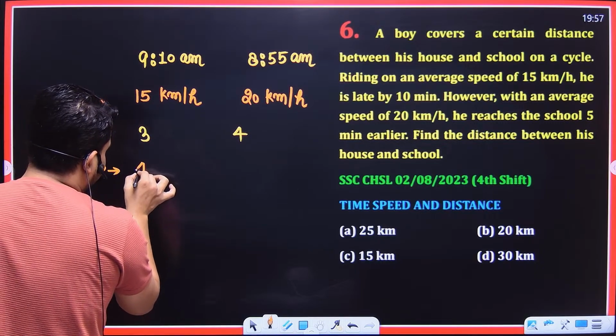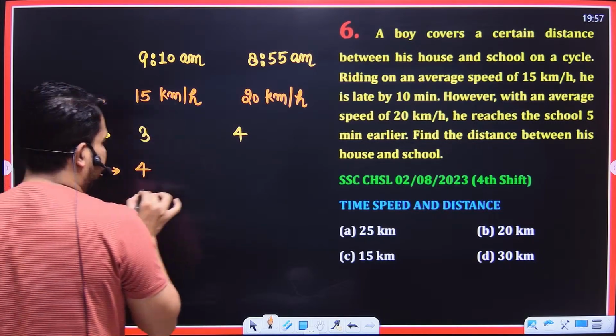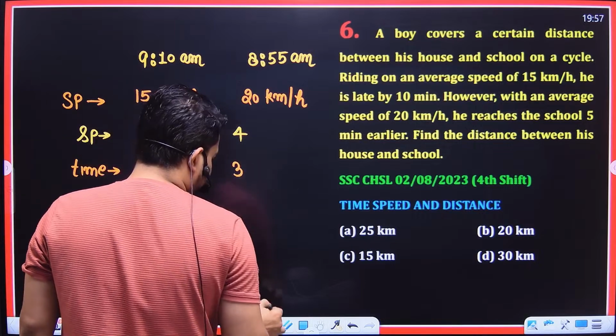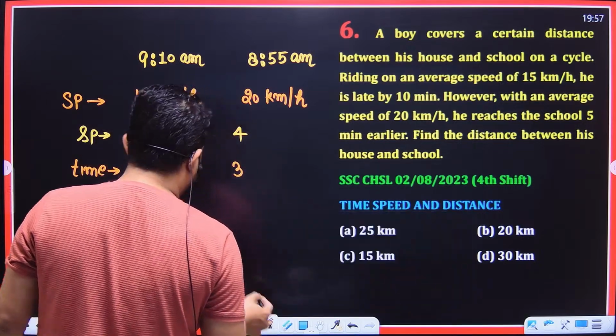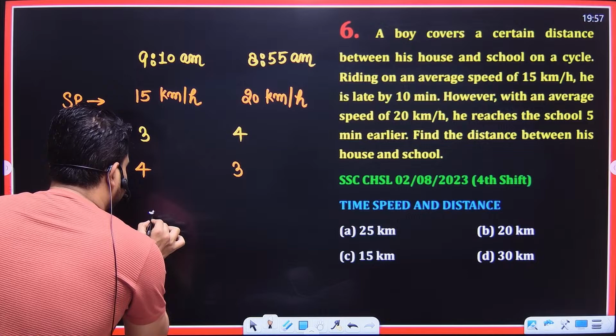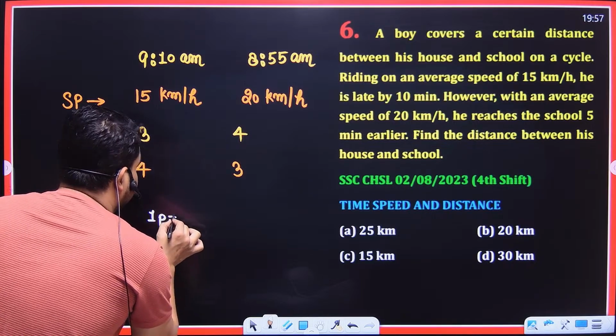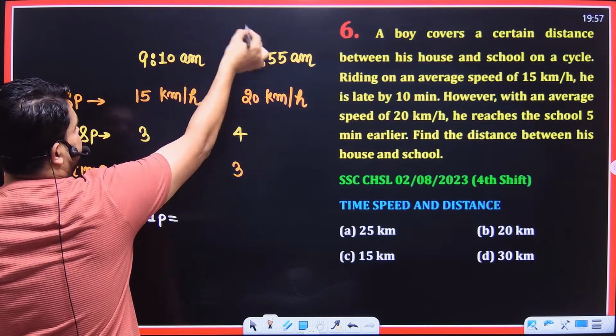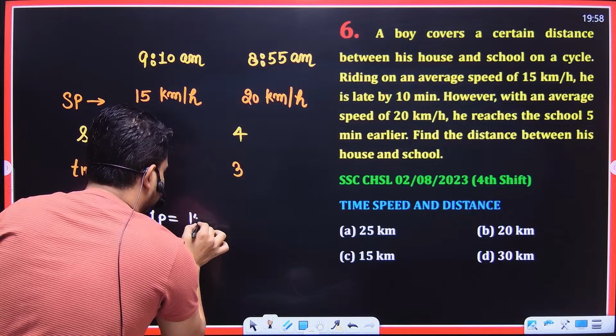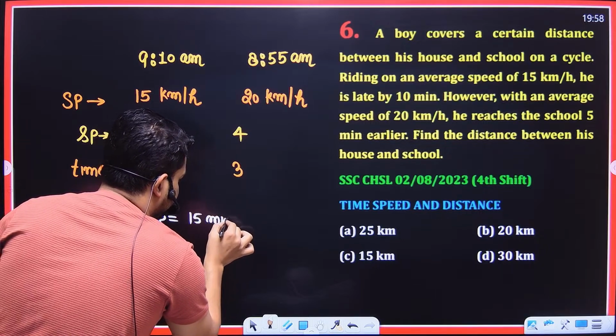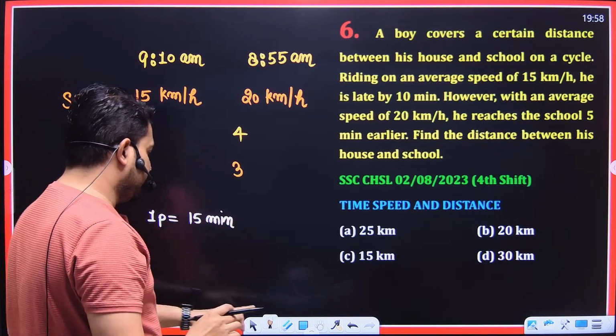It means if at this speed he takes 4 units of time, then here he will take 3 units. So we have a difference of 1 unit in the time, and this difference is 15 minutes.